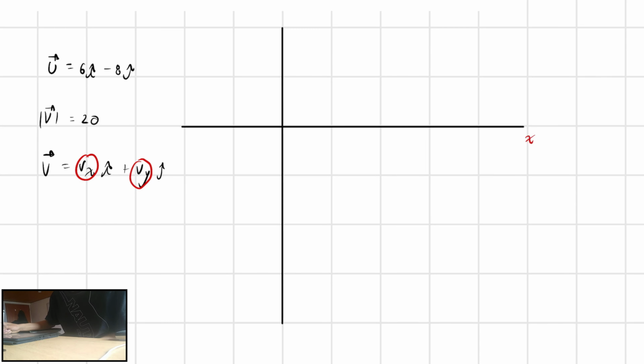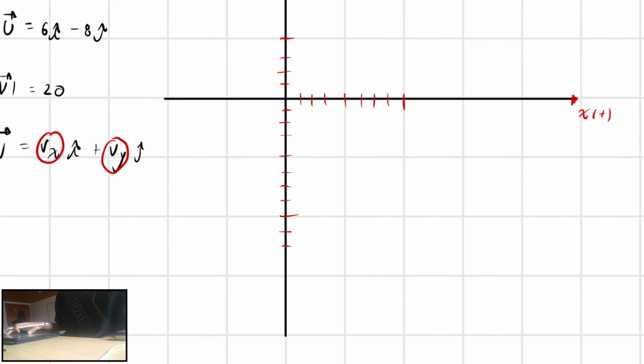The x-axis towards this direction is going to be positive, and the y-axis towards this direction is going to be positive as well. 1, 2, 3, 4. 1, 2, 3, 4, 5, 6, 7, 8, 9, 10. 1, 2, 3, 4, 5, 6, 7, 8. That would be enough.